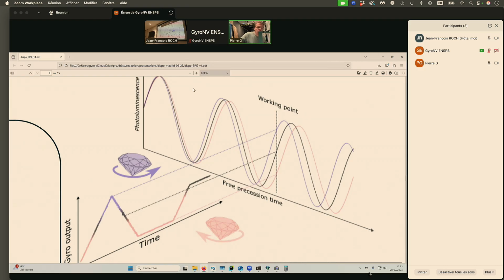Okay, so what we do is we start the oscillation at some point, and we look at a very specific free precession time, and the further the better. Yeah? So the output of this, I can show you.